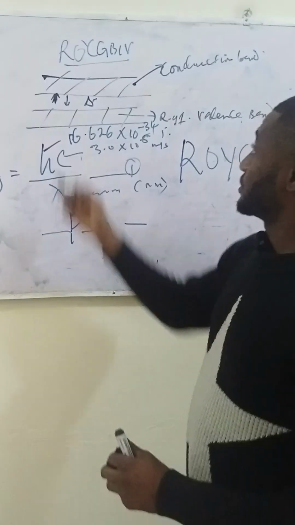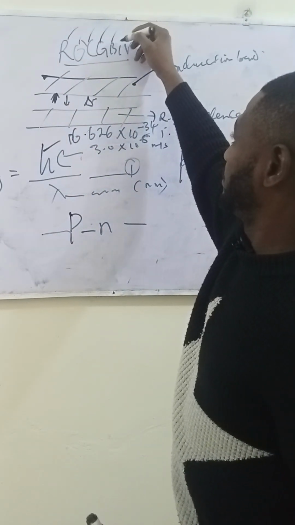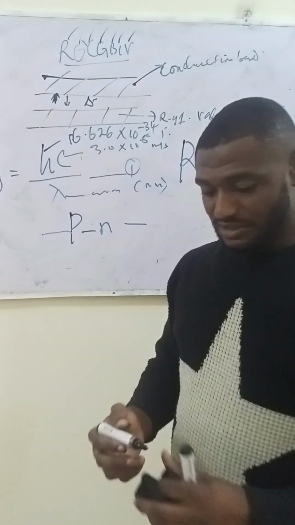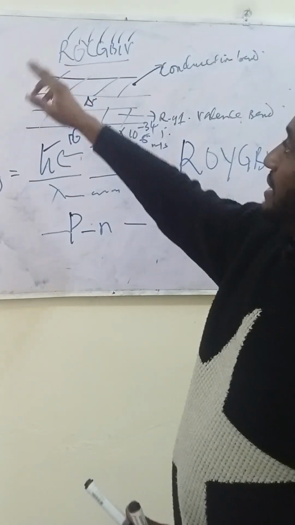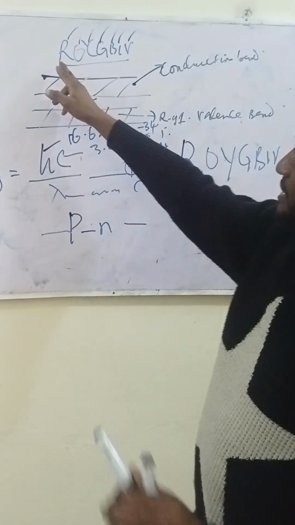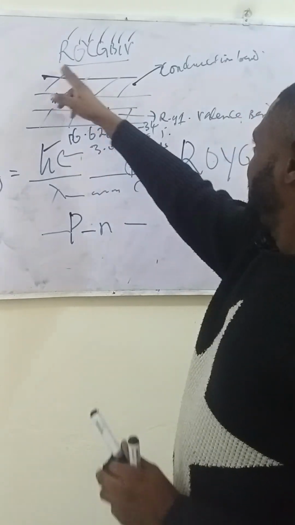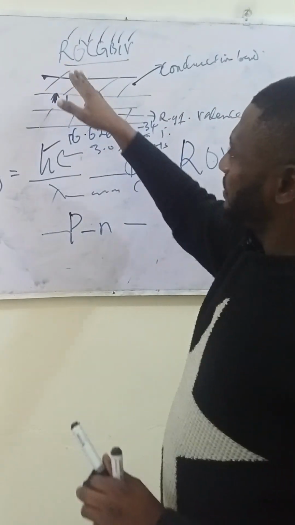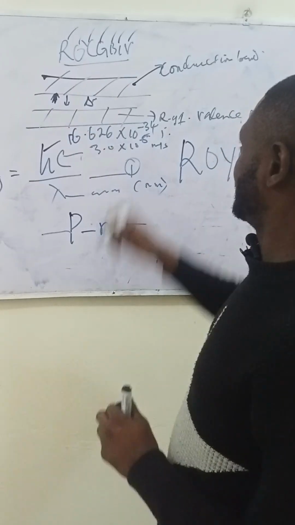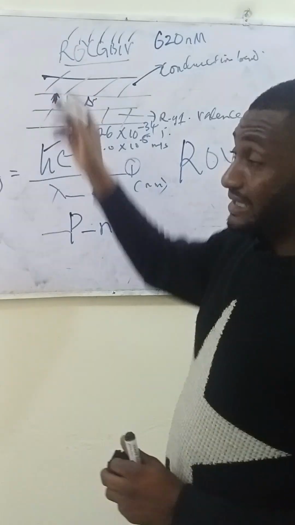These colors are red, orange, yellow, green, blue, indigo, violet. Red has the longest wavelength, around 620, so this is 620 nanometers for red light.